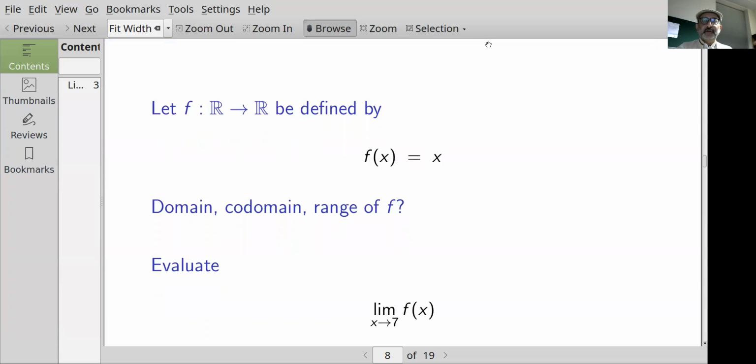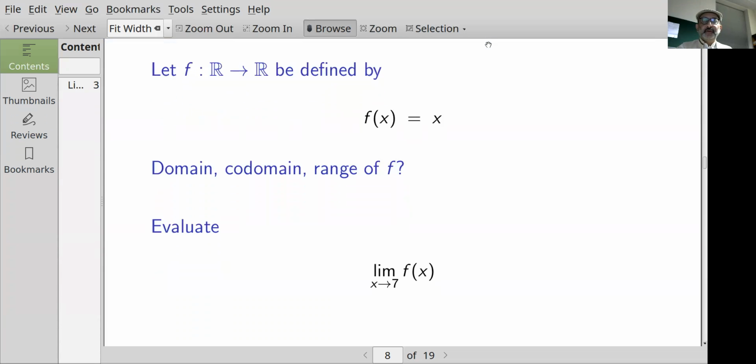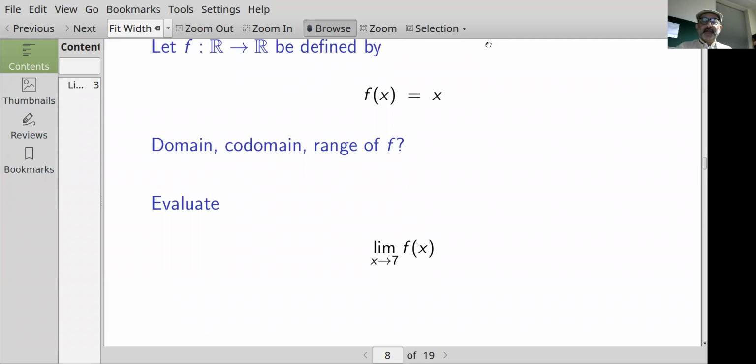Now we are asked to evaluate the limit as x goes to 7 of f of x. Well, just intuitively, as x gets arbitrarily close to 7, the function value, which is x, is getting arbitrarily close to 7. So I would say that the limit is 7.